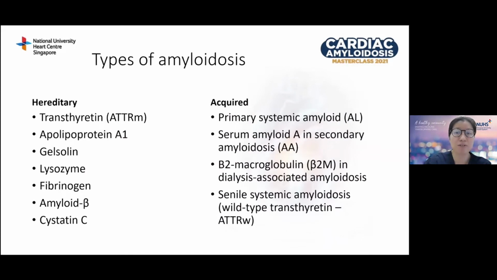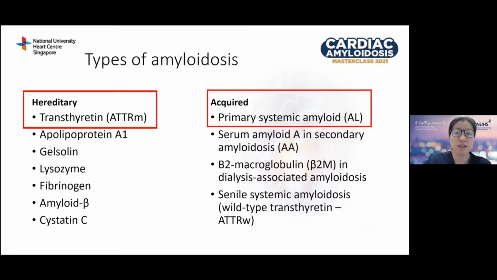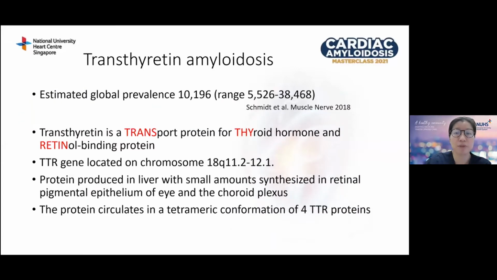Amyloidosis can be classified as hereditary or acquired, and of these many causes, transthyretin is the most common inherited variant worldwide, as you have heard of, with an estimated global prevalence of neuropathic hereditary ATTR of more than 10,000, while AL amyloidosis is the most common form of systemic amyloidosis to affect the neuromuscular system, with a prevalence of about 2.5 per 100,000. I will therefore be focusing more on these two types of amyloidosis in my talk today.